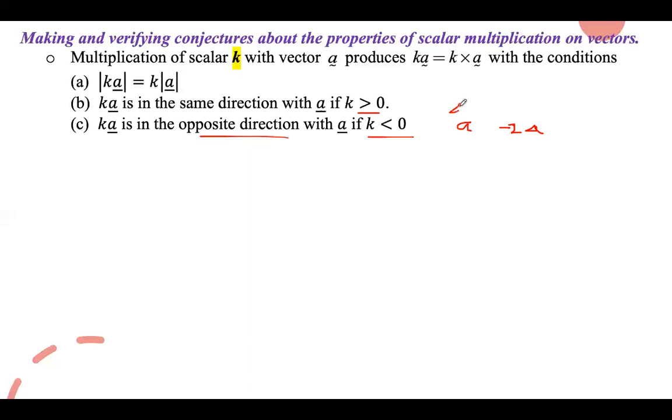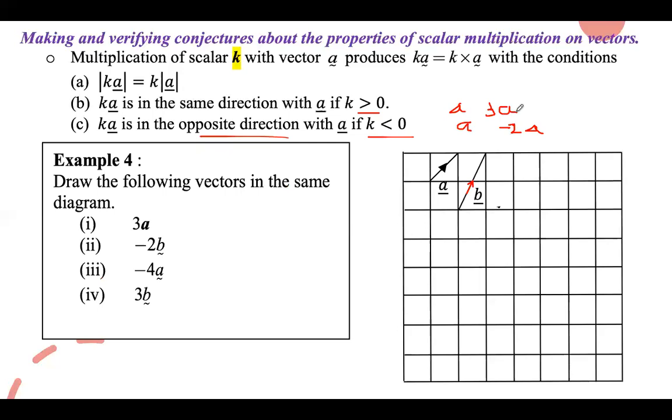But A and 3A are in the same direction. Okay, that's the meaning of multiplication, scalar times vector.